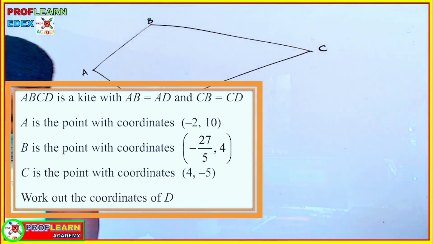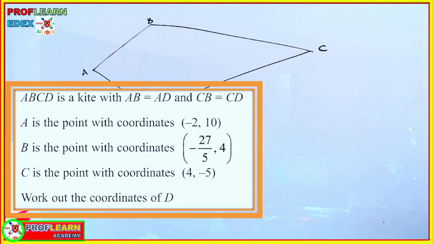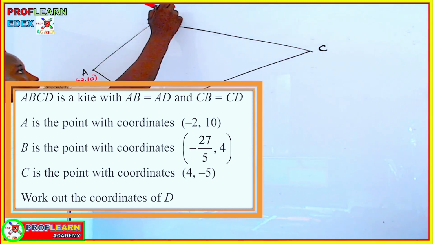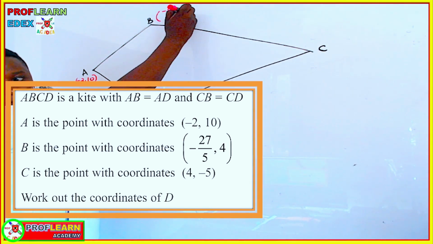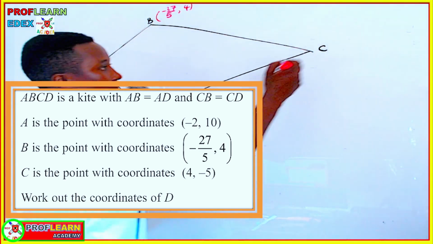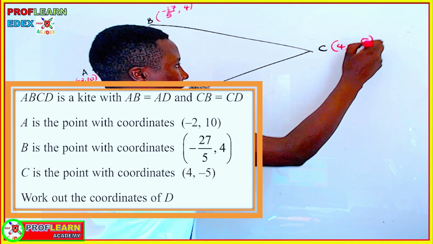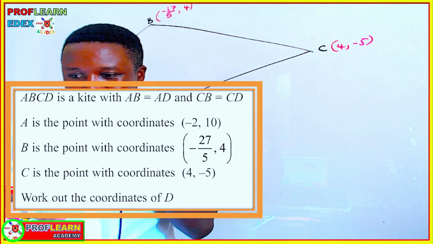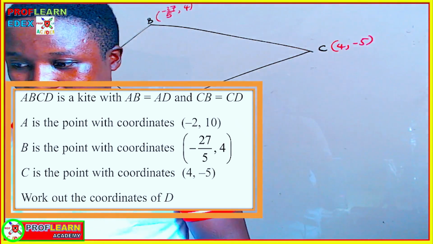The coordinate for A is negative 2, 10. The coordinate for B is given as negative 27 over 5, comma 4. The coordinate for C is given as 4, negative 5. And you are supposed to find D, which is (x, y).